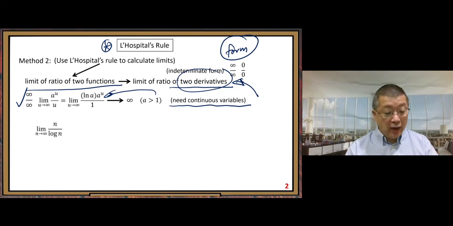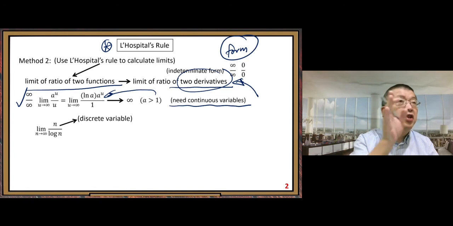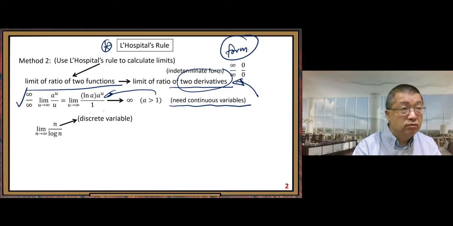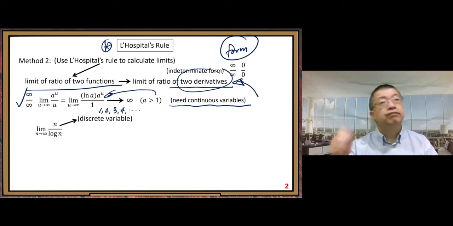But here, there is one special thing you should be very careful about. Here n is a discrete variable. Why discrete? Because it only takes integer numbers 1, 2, 3, and so on. For discrete variables, the derivative of the function is not defined.